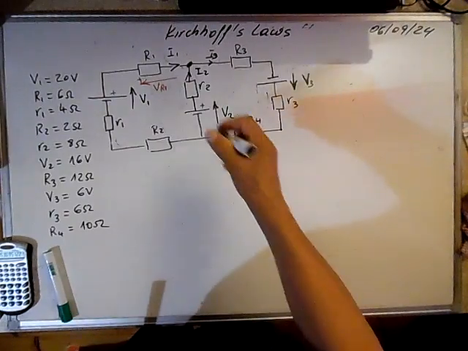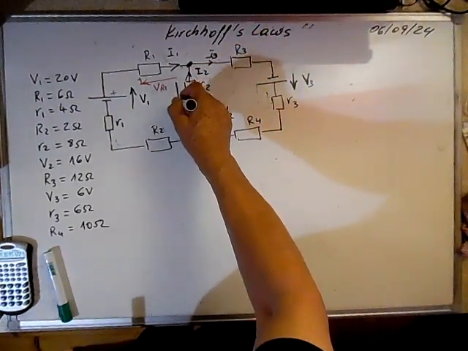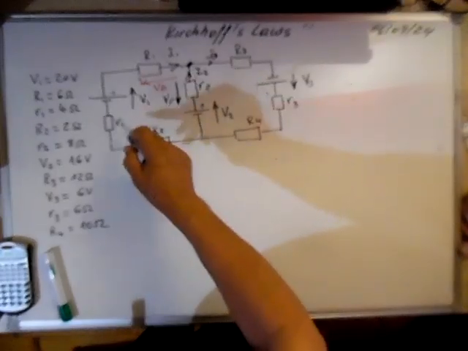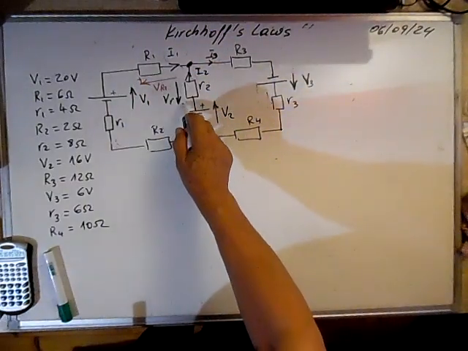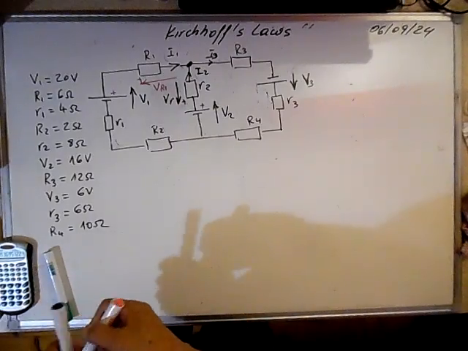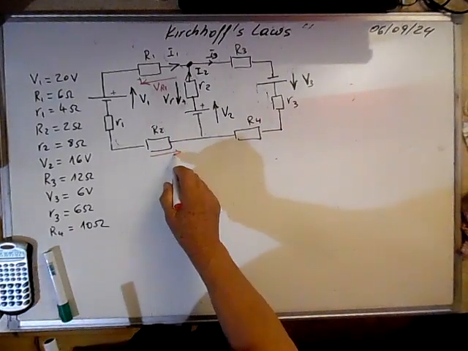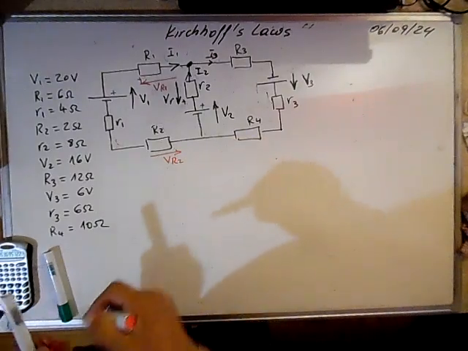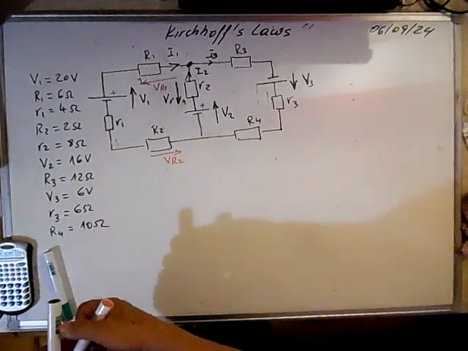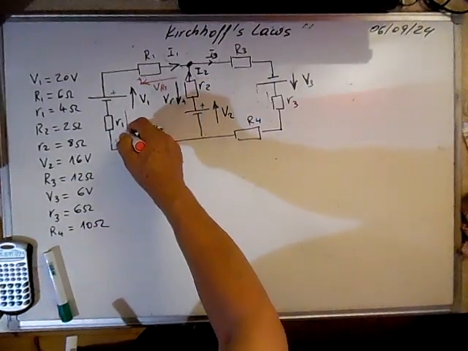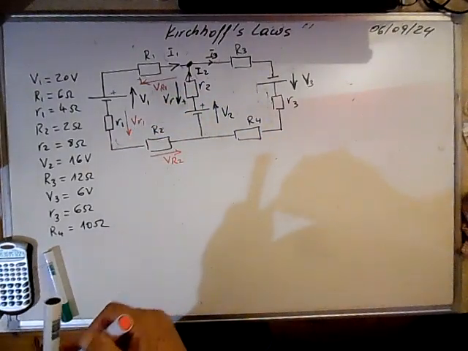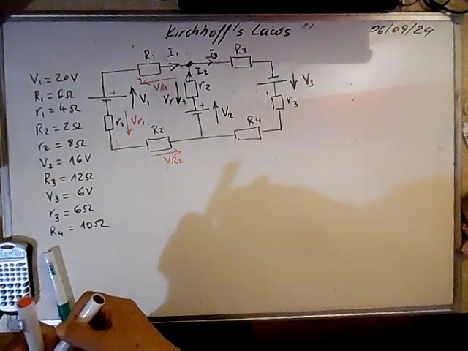VR2 will draw it this way in black, so that this is clockwise, this black is clockwise as well, and here is anti-clockwise, so I'll use the red one, VR2, and this one, the current flows this way, is anti-clockwise as well, VR1. So now, how to write the voltage?